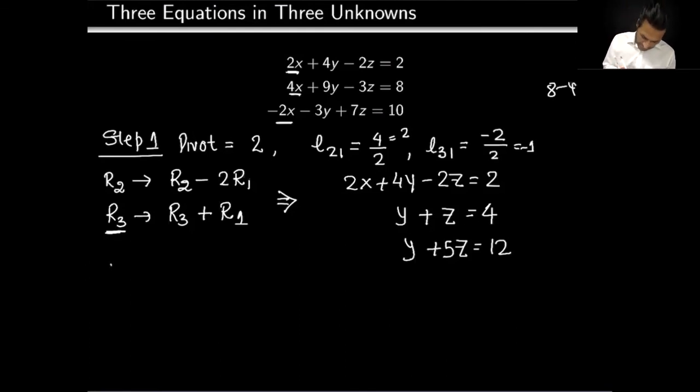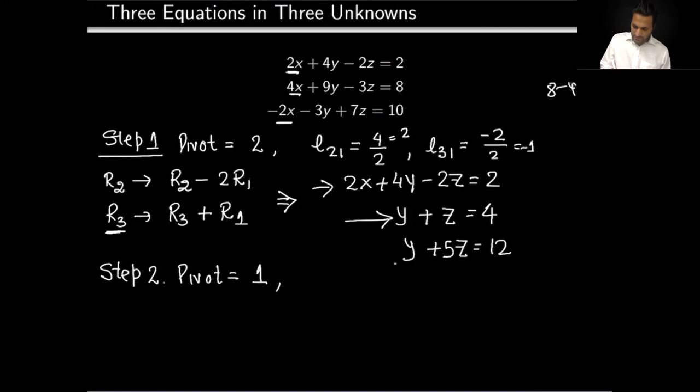Now let's perform the second step of the elimination. Again, we will find the pivot first. Because we will leave the second row unchanged, the second pivot is the first non-zero entry in the second row. That is a 1. This time we will eliminate the second term of the third row.